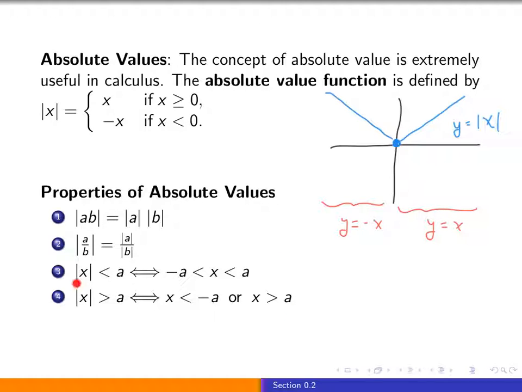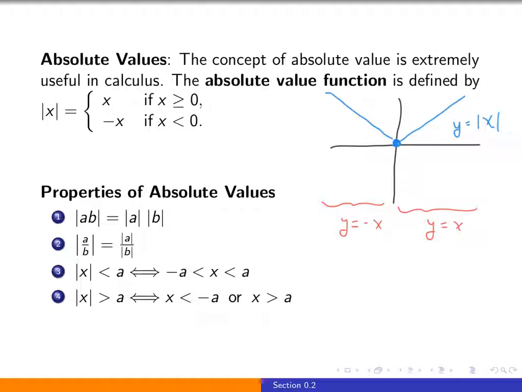To say that the absolute value of x is less than a, well, that means if x is positive, it is smaller than a. But if x is negative, it has to be bigger than minus a. Likewise, if you want the absolute value of x to be bigger than a quantity a, well, x is positive and bigger than a, or x is negative and less than minus a.